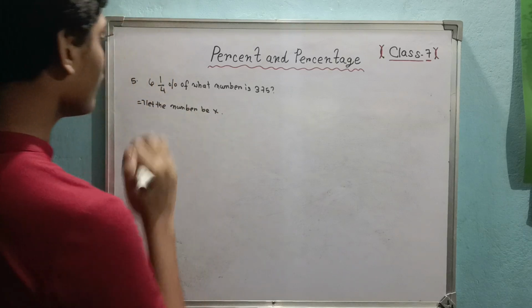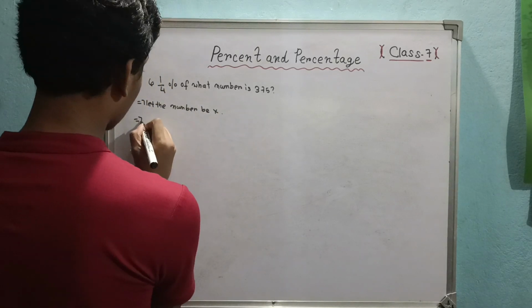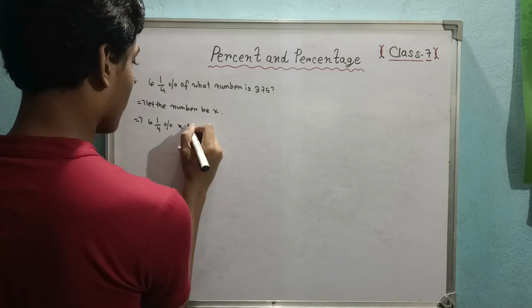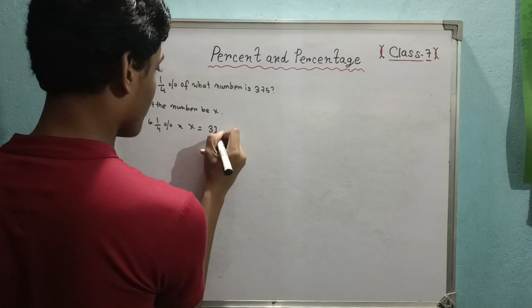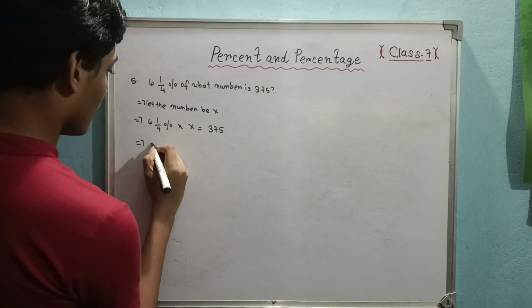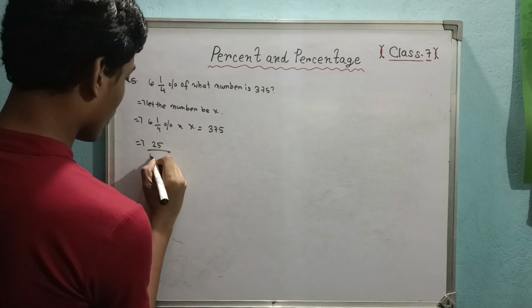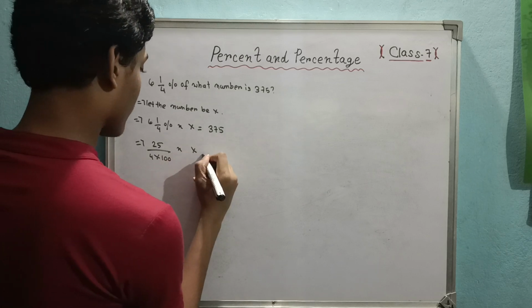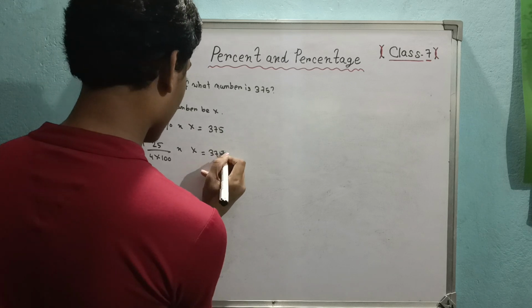Percent of something means multiplication, so 6 1/4% multiplied by x equal to 375. That is it, right? Or I can write this as 25 by 4 into 100 multiplied by x equal to 375.